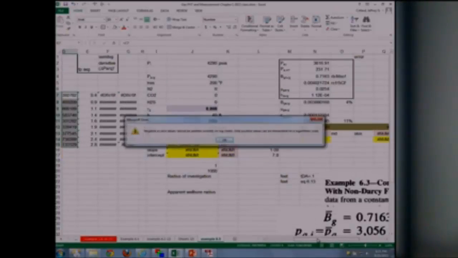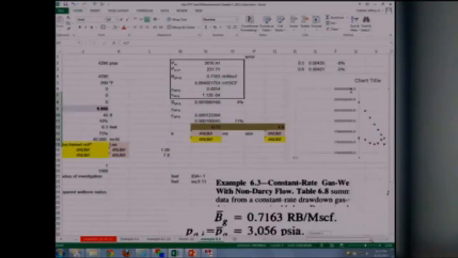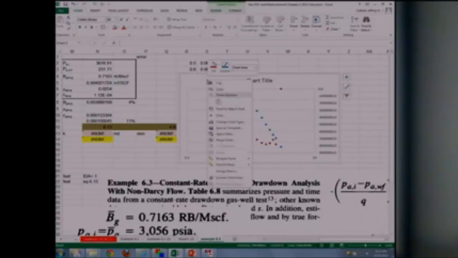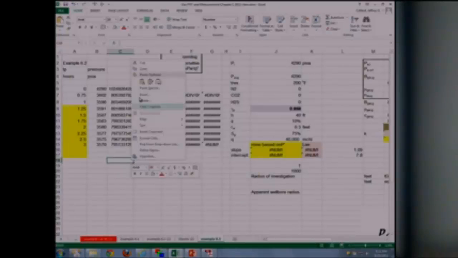And we're only going to look at our first data plot. I'm just going to get us started here. Here's our drawdown data.